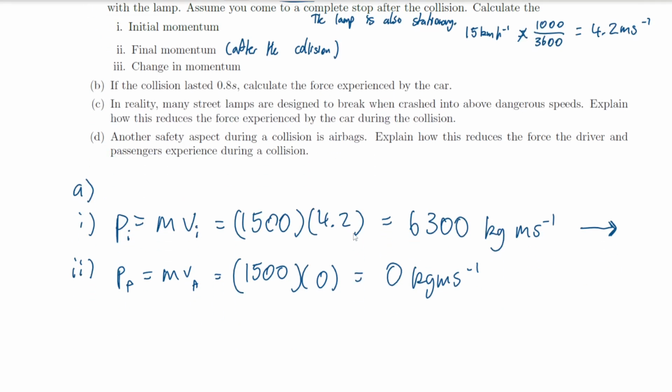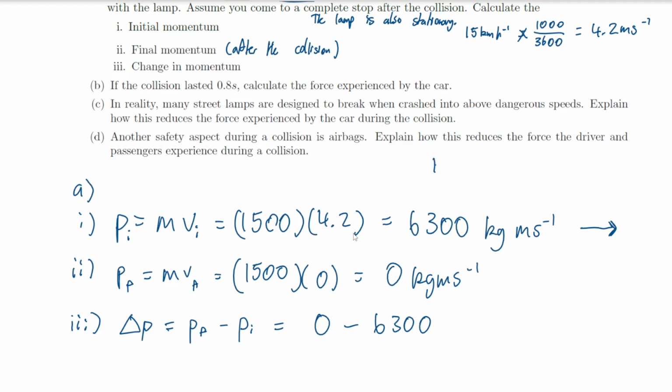Part 3, calculate the change in momentum. So we use capital delta, that triangle, P for change in momentum, and change in momentum is the final momentum minus the initial momentum. Final minus initial. And where we need to be careful is that we define one direction as positive.